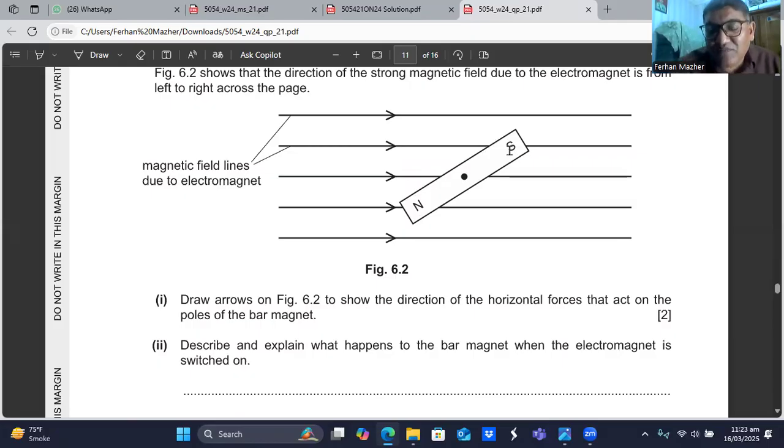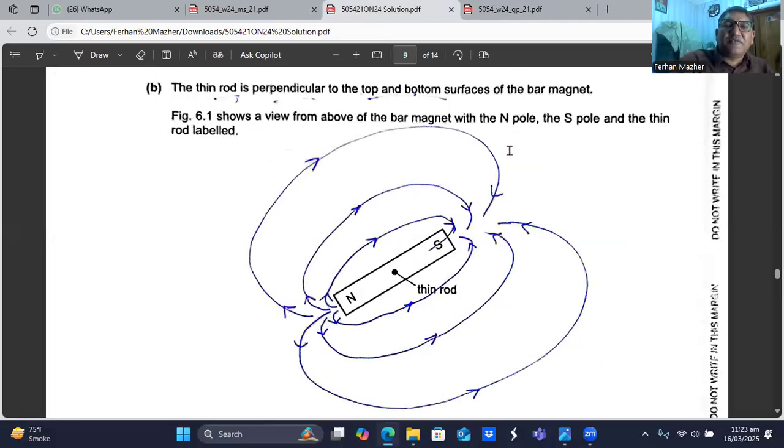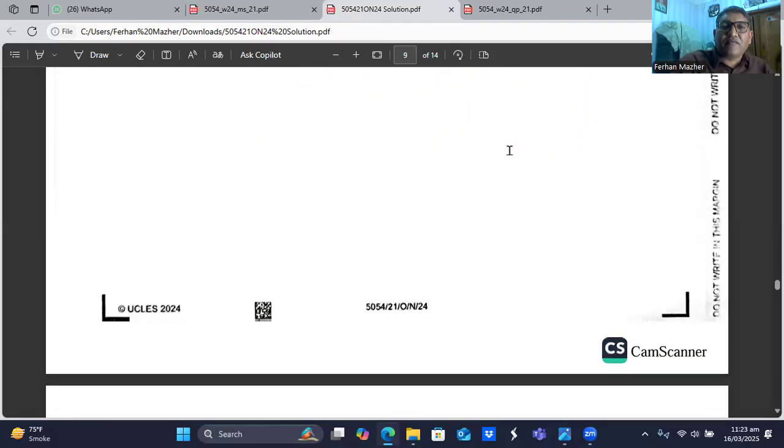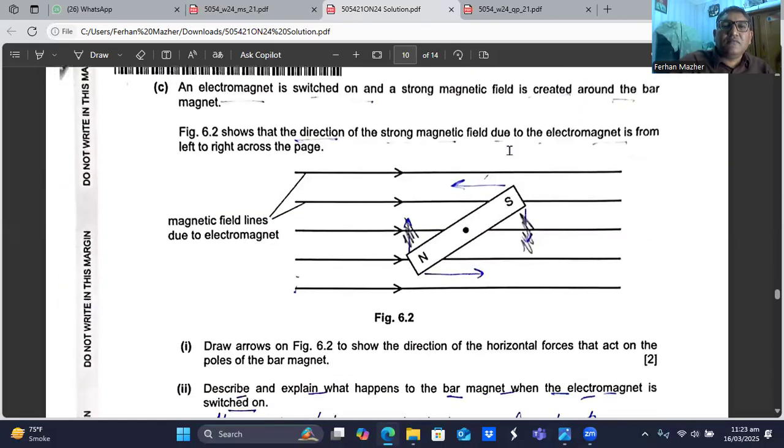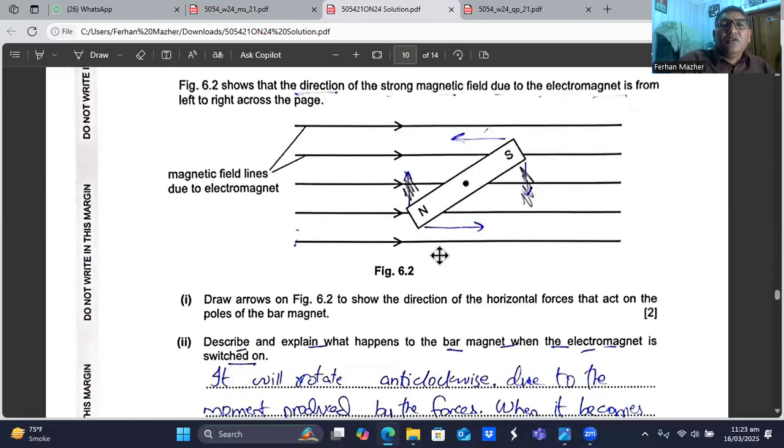South pole of this bar magnet will experience a force opposite to the magnetic lines, and the north will be experiencing a force which will be parallel to the magnetic lines in that area. So let me show you. So here the force will be in this direction, and here the force will be in this direction.